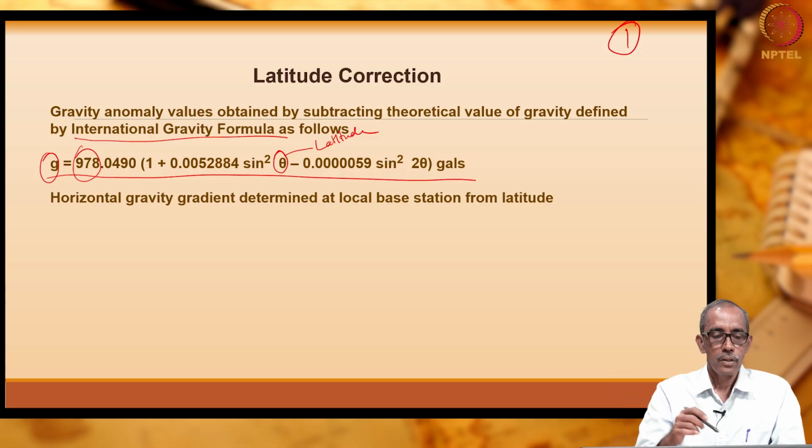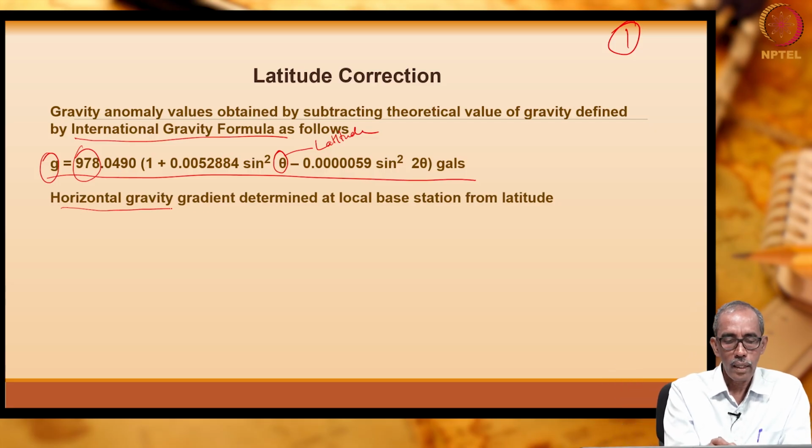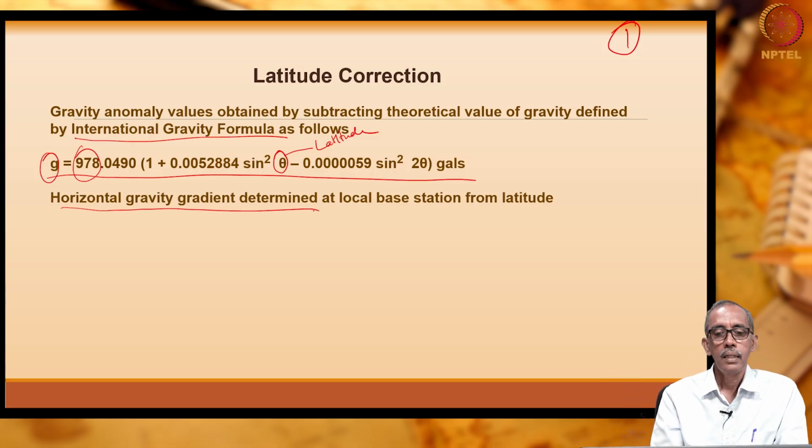So, usually the horizontal gravity gradient is determined at the base station from the latitude. What we are going to determine is the actual expected gravity at the base station. What is a base station?